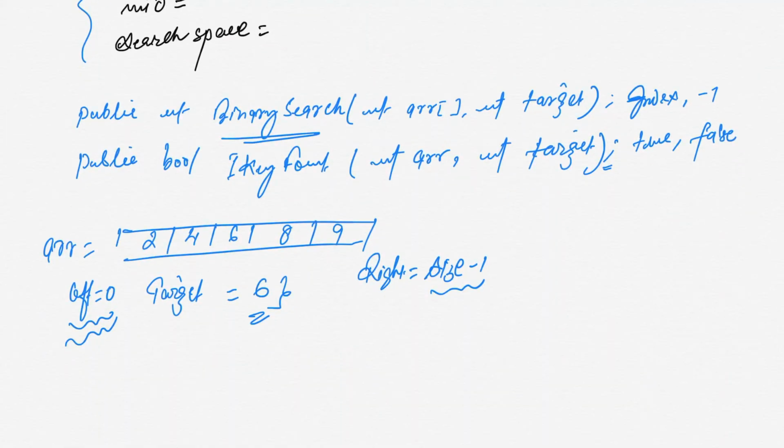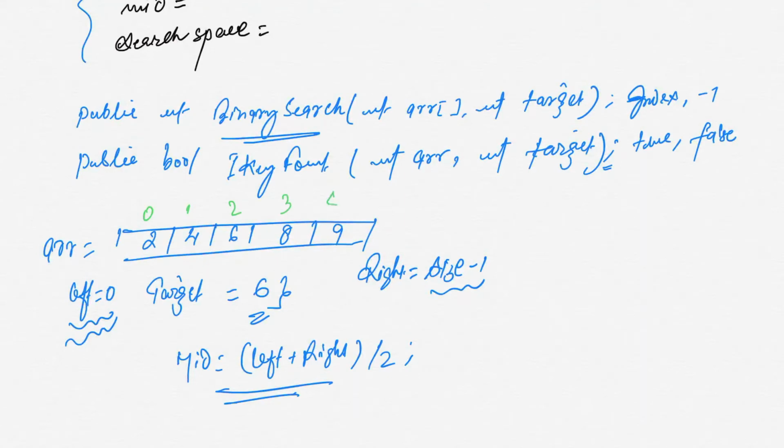And mid we have already seen: mid is going to be left plus right divided by 2. In this case the indices are 0, 1, 2, 3, 4, so 0 plus 4 divided by 2 is 2. So your mid is going to be here.